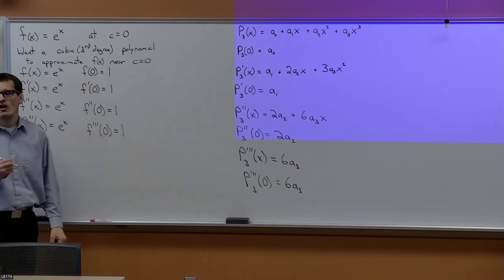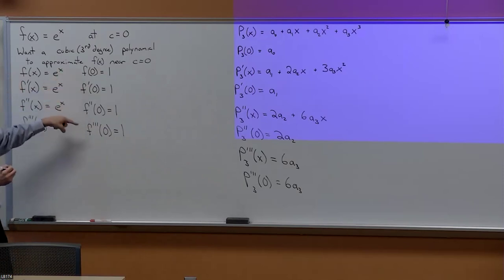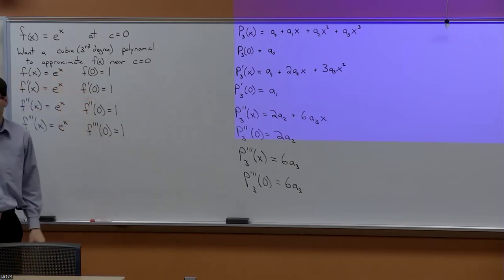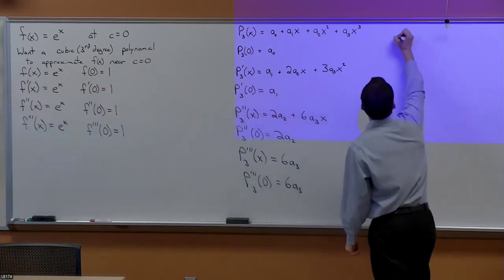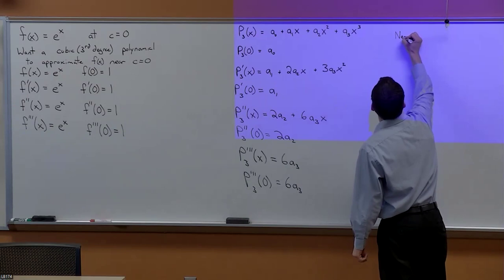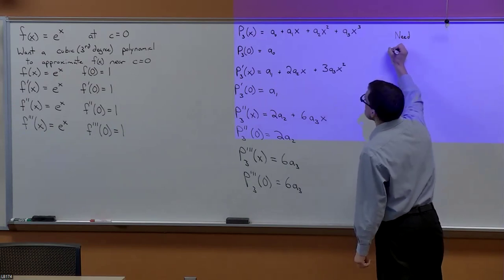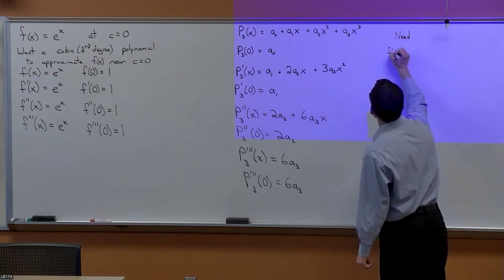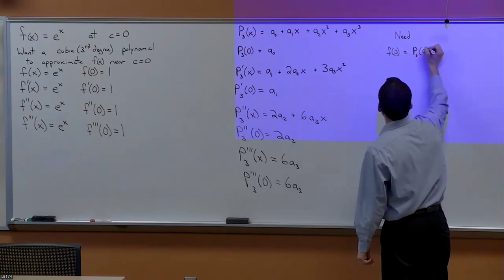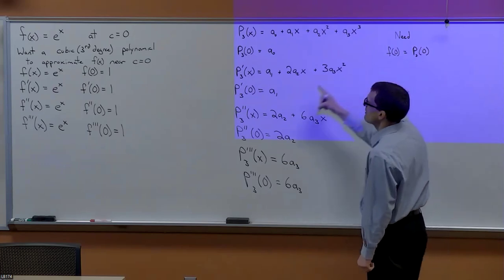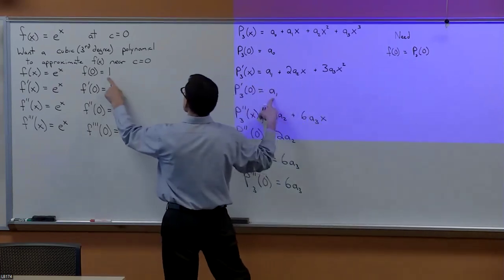In other words, all of the derivatives of the polynomial should match up with the derivatives of the original function evaluated at 0. Okay? So in other words, we need f of 0 to be my polynomial at 0.